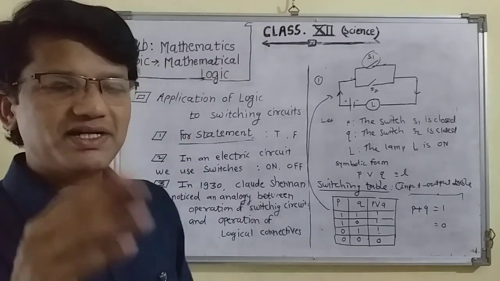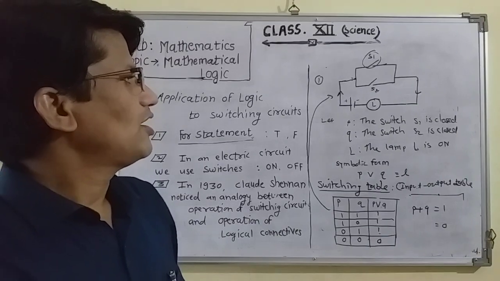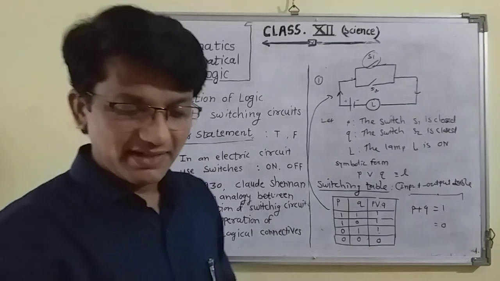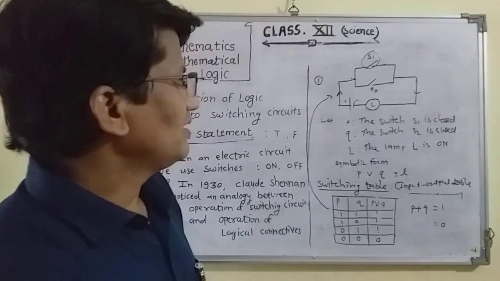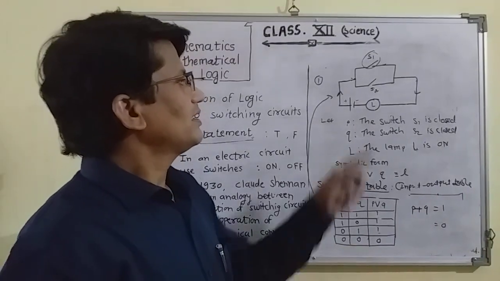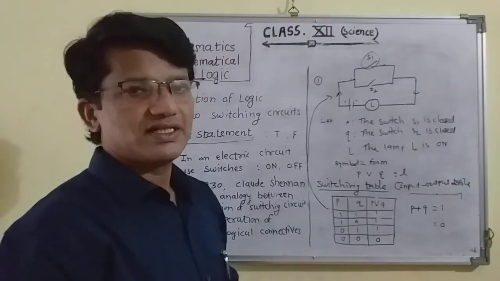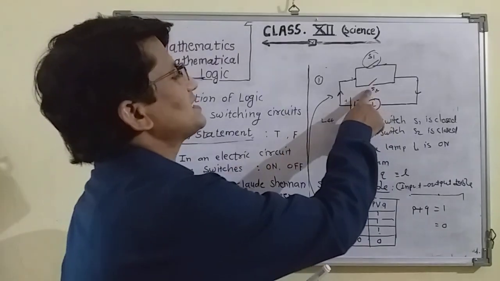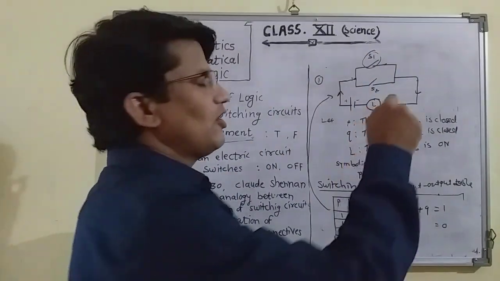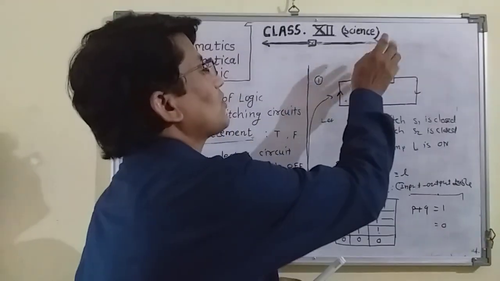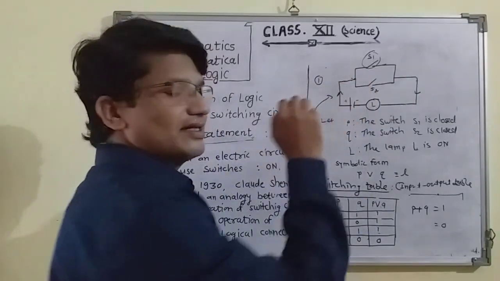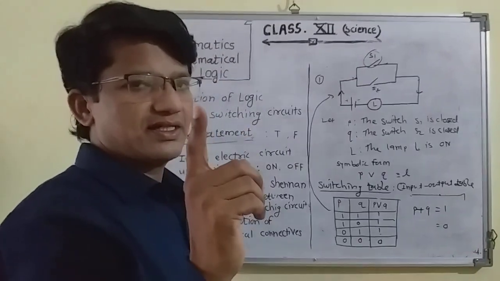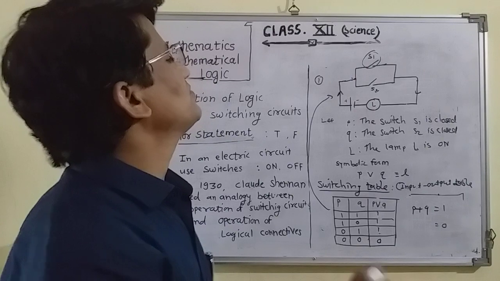Okay. After that, second point is complementary switches. Complementary switches means what? If S1 and S2 are the 2 switches, if S2 is closed, S1 is open, or if S1 is closed, S2 is open. This type of situation is called complementary switches.